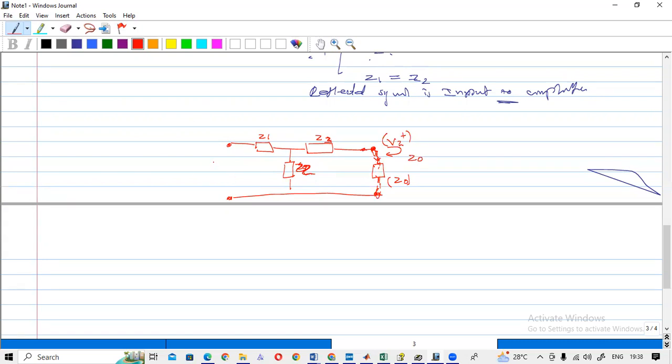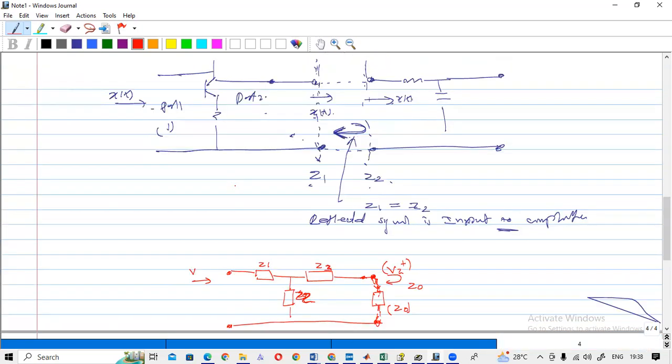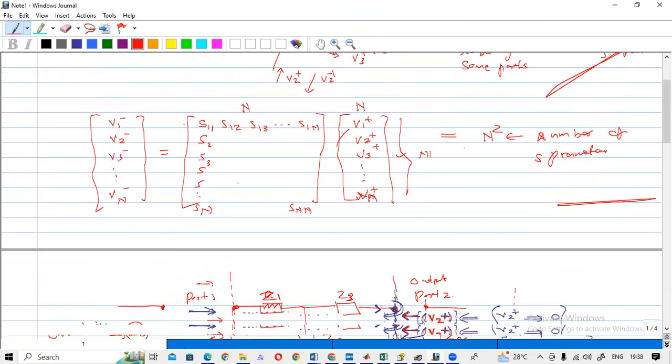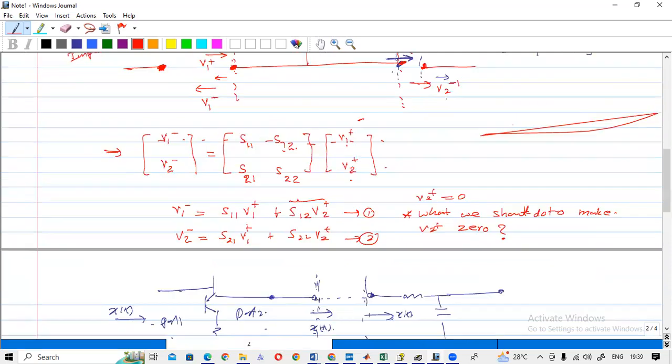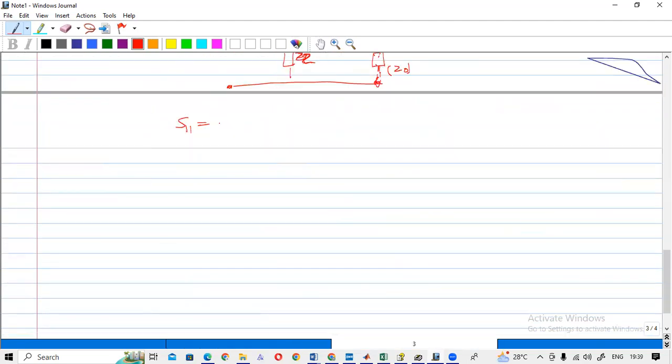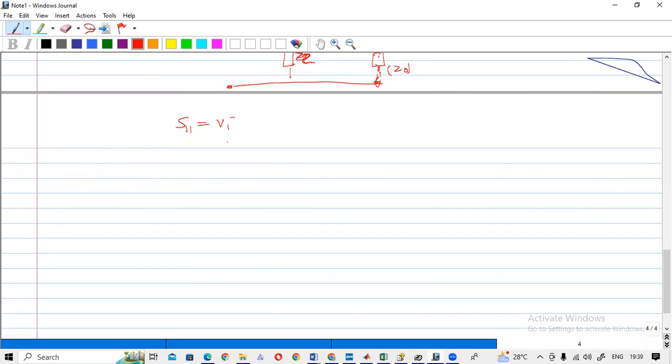So now maybe you can find, so you have to find S11, no? So S11 is equal to, according to this equation, V1 minus divided by V1 plus, when V2 plus is equal to 0.